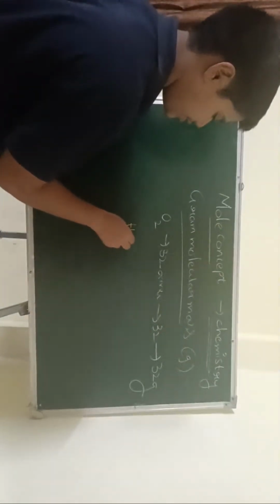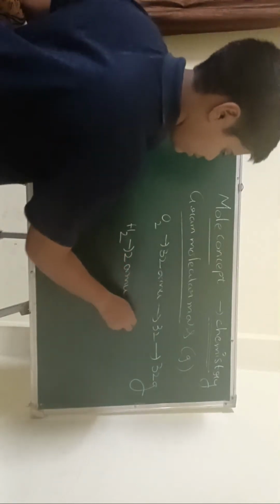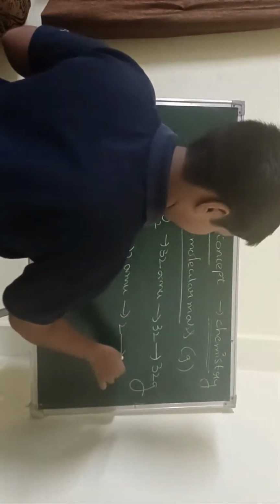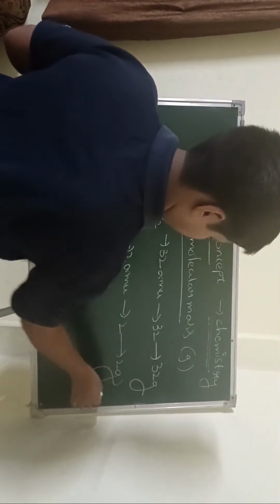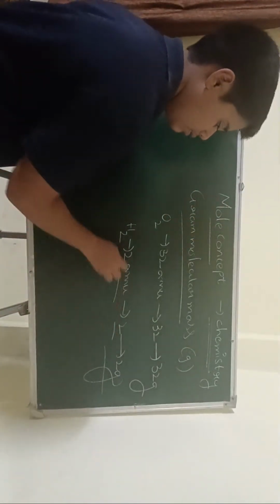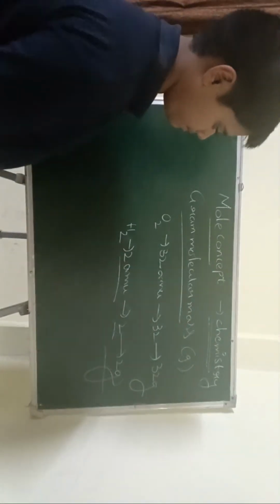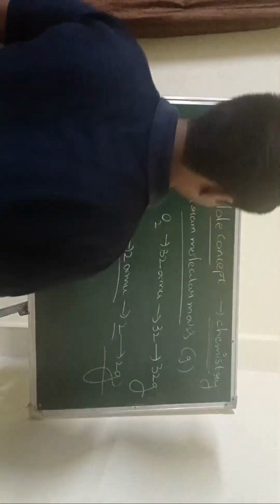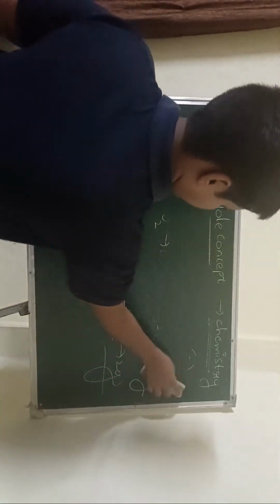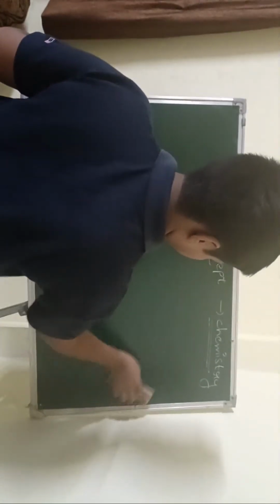And H2 is 2 AMU and 2 grams. This is gram molecular mass, molecular weight, molecular mass. So these are the basic concepts before going to the mole concept.